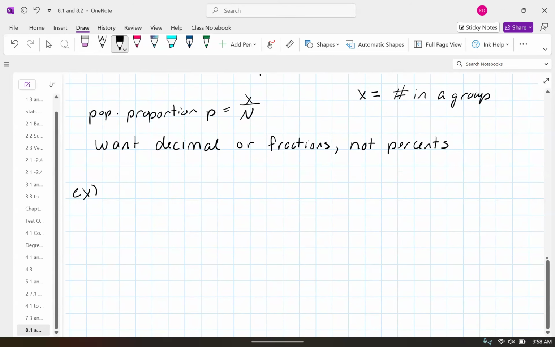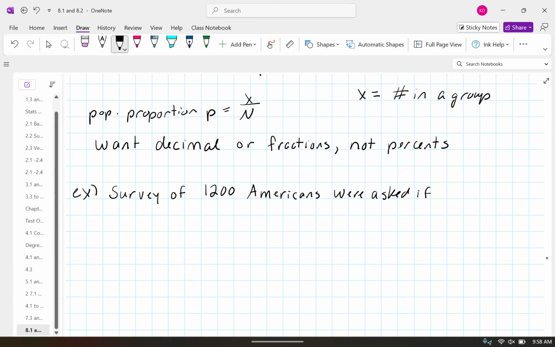A survey of 1,200 Americans asked if they plan to work while on a summer vacation.